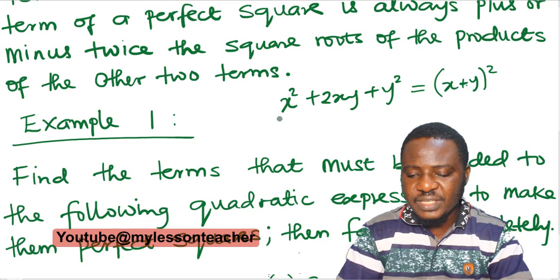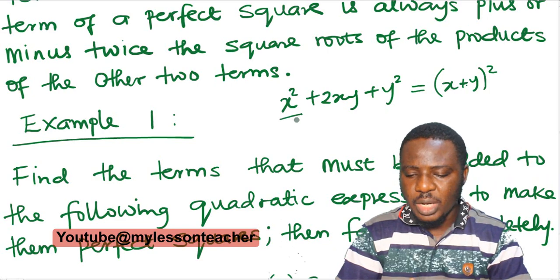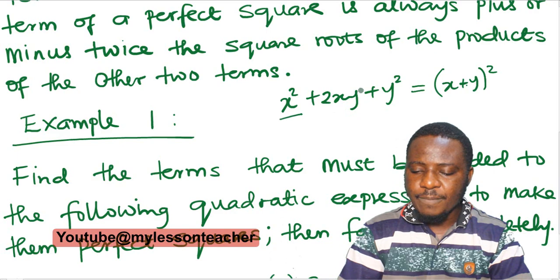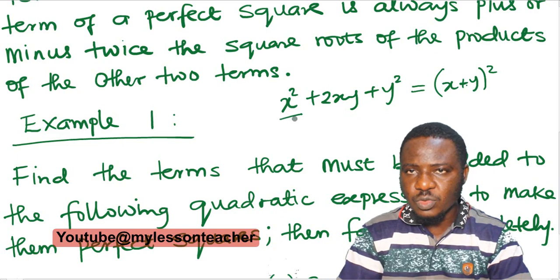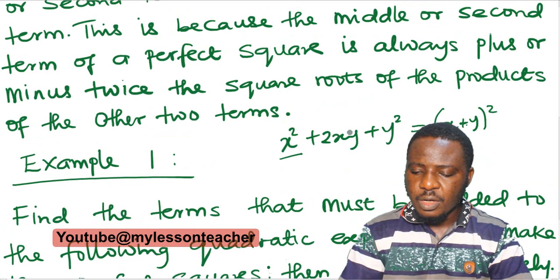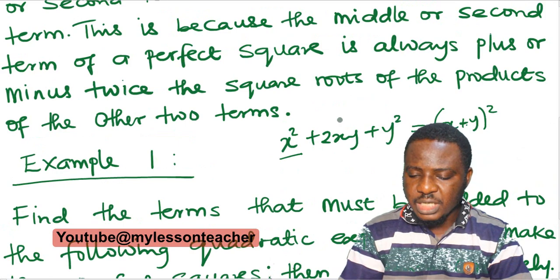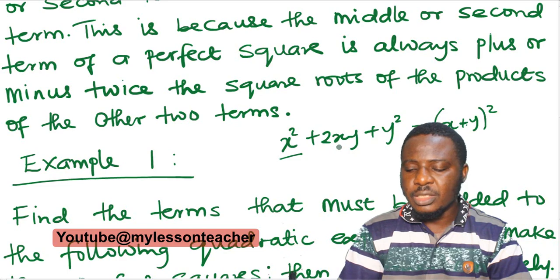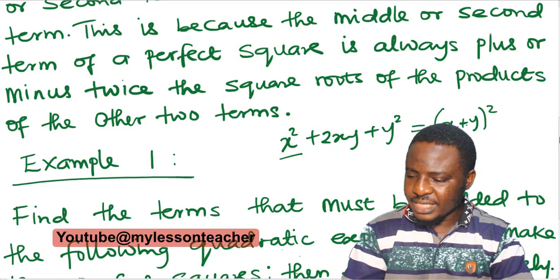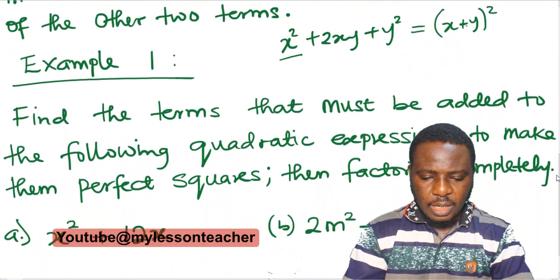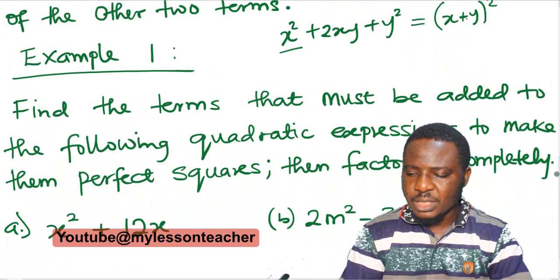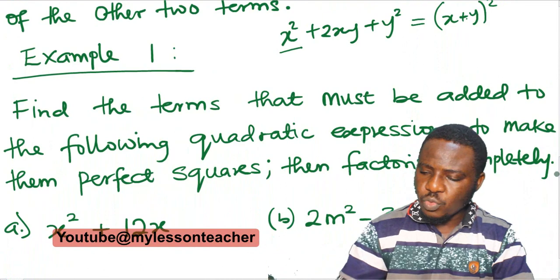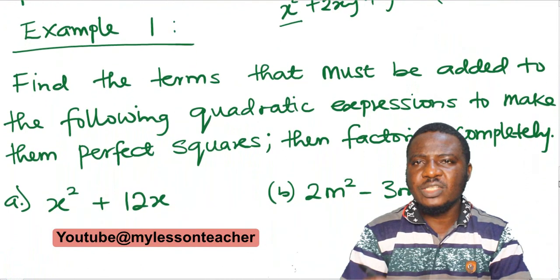One, ensuring that the first term is a perfect square, and then you take the coefficient of the second term, halve it and square it, and the term you get is the third term. So we have an example here: find the terms that must be added to the following quadratic expressions to make them perfect squares, then factorize completely.